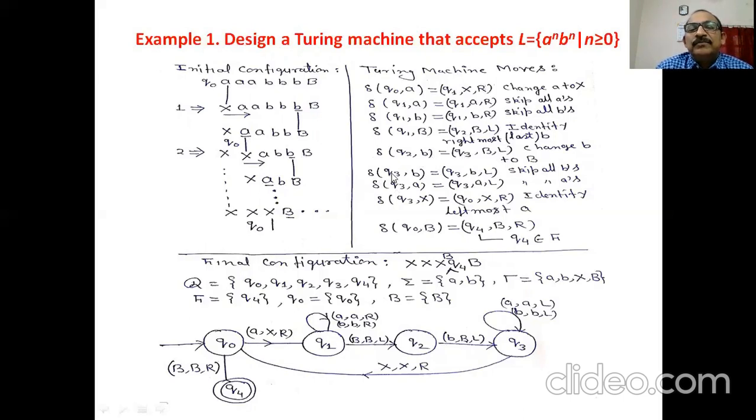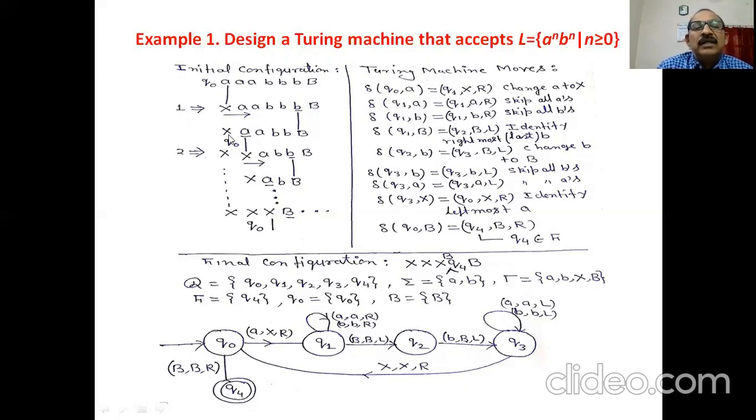The machine in state Q3, input is B. It remains in the same state, replaces this B by B and moves in the left direction. Now if it encounters A, it reads A, remains in the same state, replaces this A by A and moves in the left direction. This way we skip all A's and all B's and move in the left direction. Now what will happen if the machine is in state Q3 and X is encountered at this place?